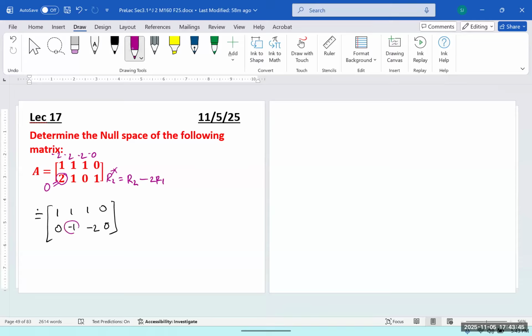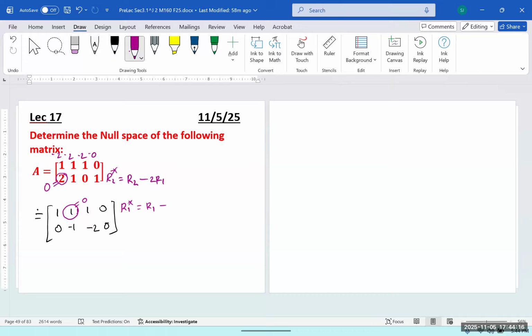Next, let's go for this one. Let's make this 0. If you want to make this 0, that means you have to change row 1. So what's the new row 1? We want to make the second element in the first row 0.